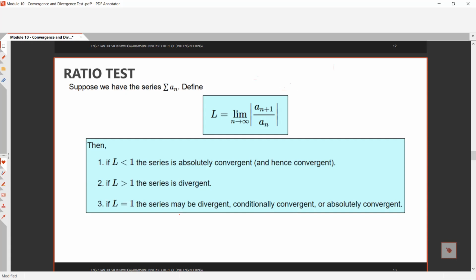So meron pa siyang three cases. You will add additional tests to find out if it is divergent, conditionally convergent, or absolutely convergent.